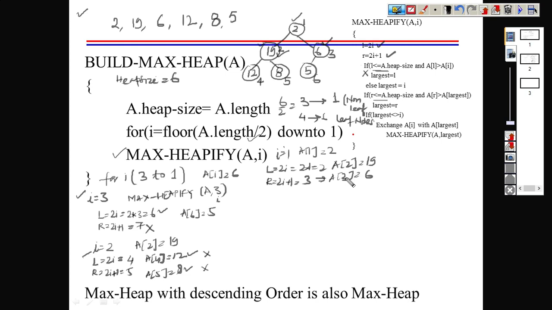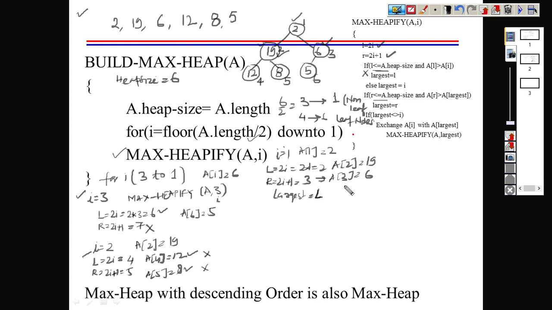Now, first you will check whether the left child exists or not, because the heap size is 6. So 2 is less than 6. Yes, the left child exists. So you will check the condition. Is the value of the left child more than A of i, the parent? Yes. Then what you will do? You will assume largest equals the left index, that is 2.